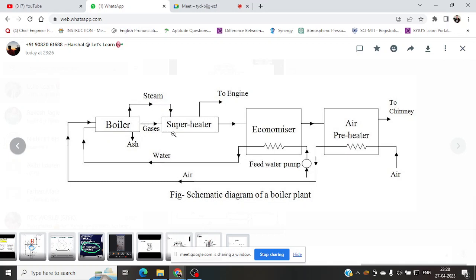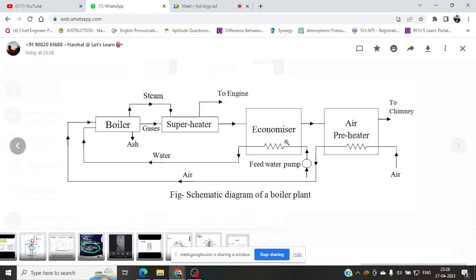Let's study this diagram. We are having the boiler. From the boiler the steam is coming out, and the flue gases are also coming out and going to the superheater. From the superheater it goes to the engine and to the economizer.